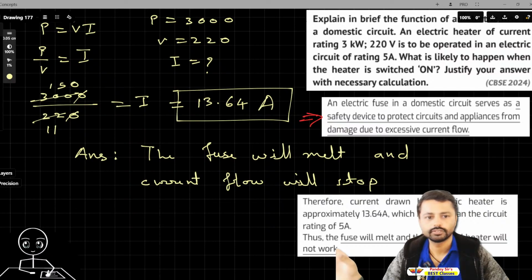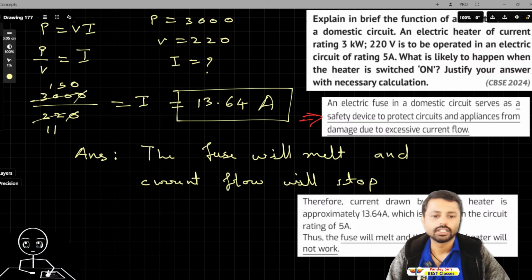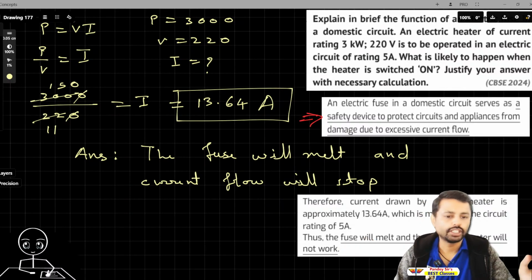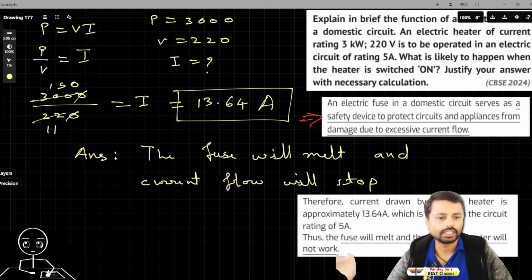I kept it separate for you people, but now, oh my God, I need to search it. You have to find out the bulb rating, its voltage, how much is the current, will there be any change in the current, and all sorts of things. Okay, so let's do it.